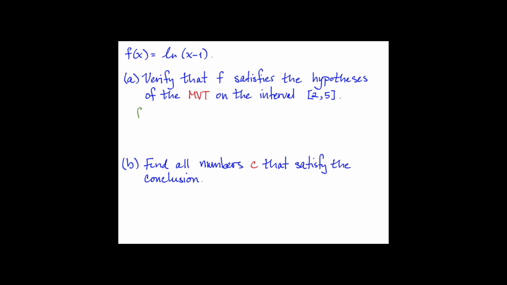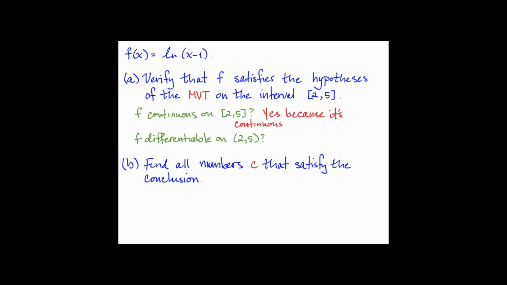So the hypotheses, we have to check that f is continuous on the closed interval from 2 to 5, and we have to check that f is differentiable on the open interval from 2 to 5. So why is it continuous? Well, it's continuous on that closed interval because the natural log is continuous. The natural log of x minus 1 is continuous on the interval from 1 to positive infinity.